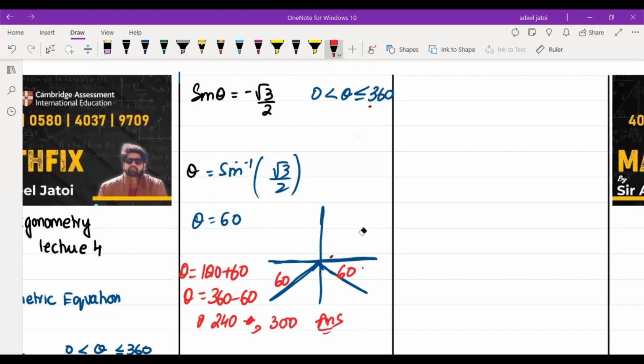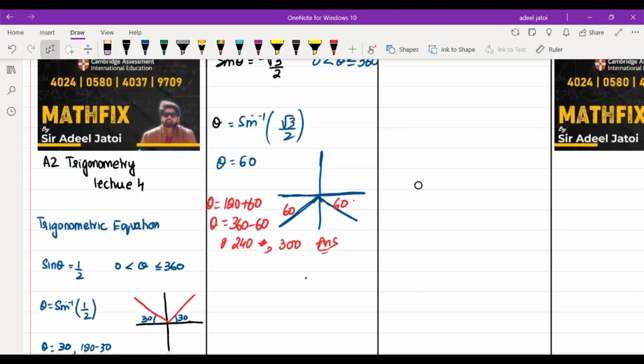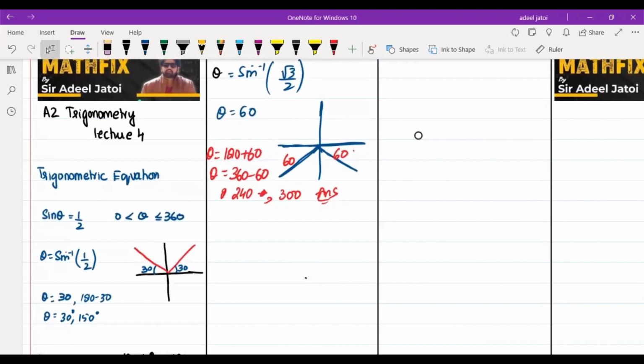Let's just work upon the negative, but let's say this question is sine theta is equal to negative root 3 upon 2. But now the domain is changed.